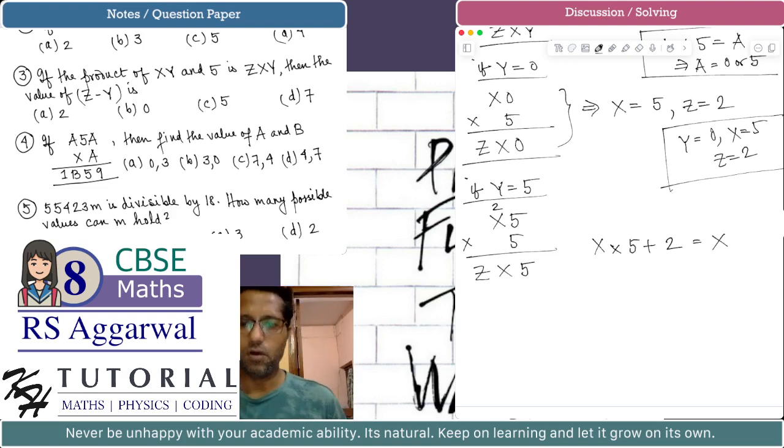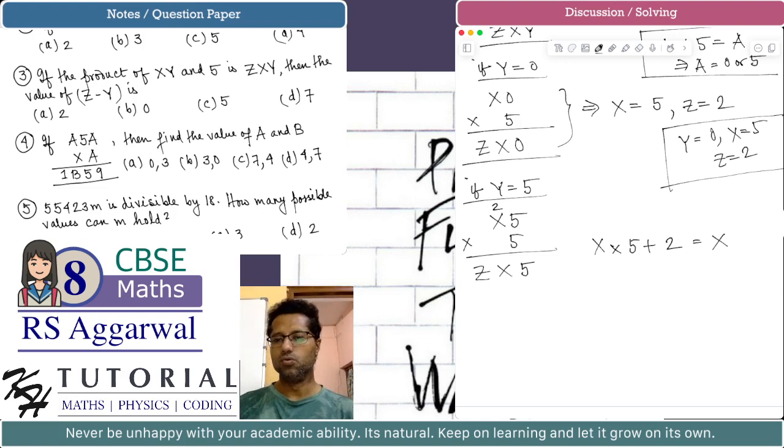Can there be any digit x such that x multiplied by 5, added to 2, gives a result whose unit digit is x only? Can x be 2? If x is 2, then 2 multiplied by 5 is 10, and 10 plus 2 is 12. Okay, so x can be 2.